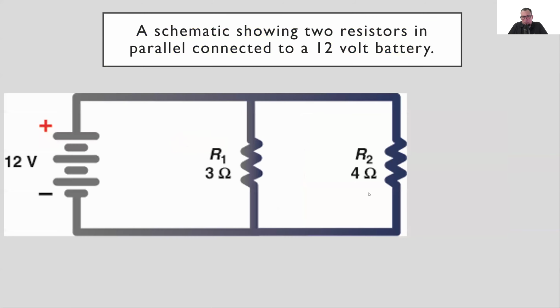Okay, so now we have 2. So here's 2 resistors. We could find total amperage because the voltage is given, but I want to show you the formula. This is the formula for just two resistors.